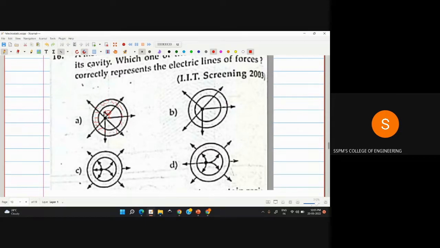So this is not a valid answer. Now look at figure 2, option B, isn't it? Here also the lines of electric field are passing through the shell. But you know the lines of field cannot pass through the metallic shell. So this option is also incorrect, isn't it?